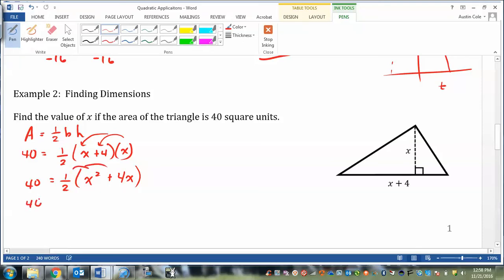So I'm going to have 40 equals 1/2 x squared plus 2x. Now what should we do?